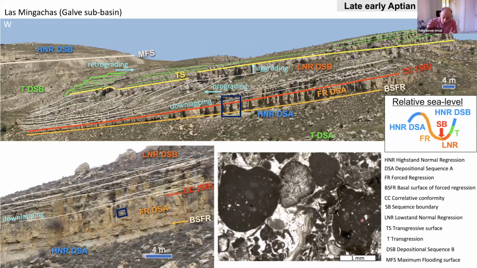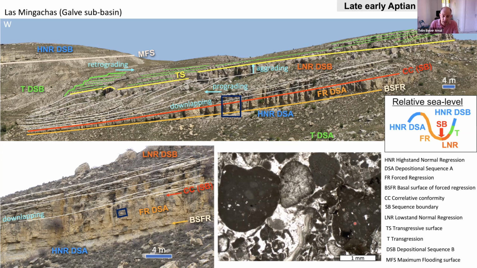Remember that when this forced regression was being accumulated basinwards, the highstand platform in the proximal parts of the system was subaerially exposed and eroded. So there were a lot of intraclasts from this eroded platform arriving at the basin.